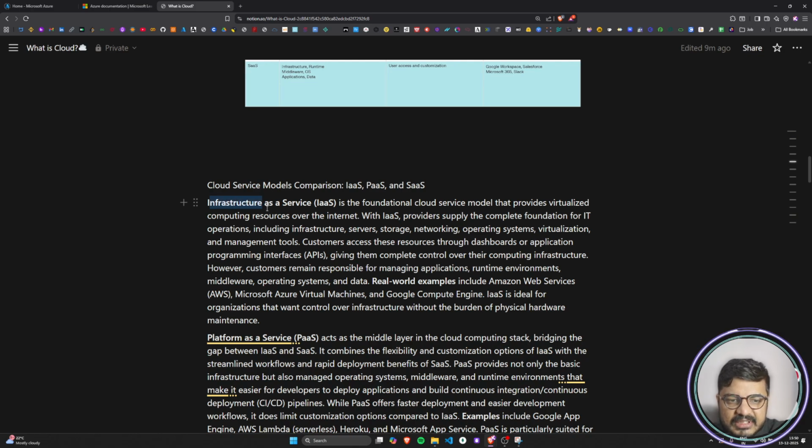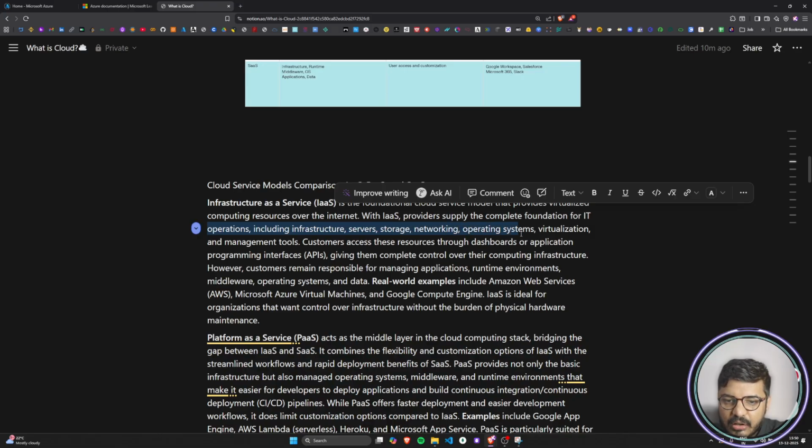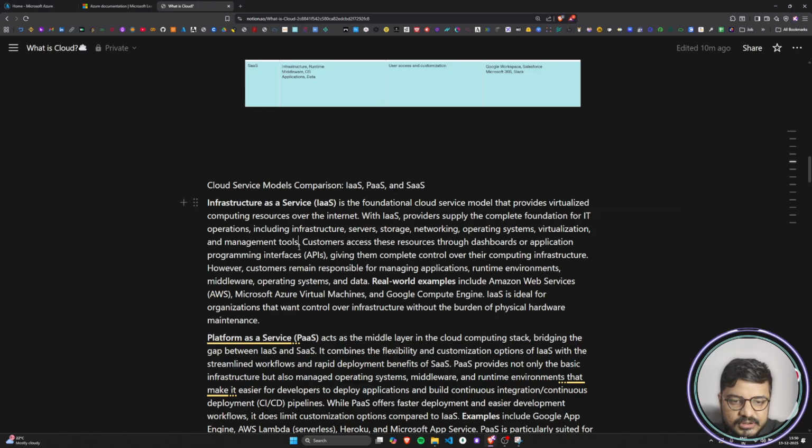Infrastructure as a service is the foundational cloud service model that provides virtualized computing resources over the internet. With infrastructure as a service, providers supply the complete foundation of IT operations, including servers, storage, networking, operating systems, virtualization, and management tools.